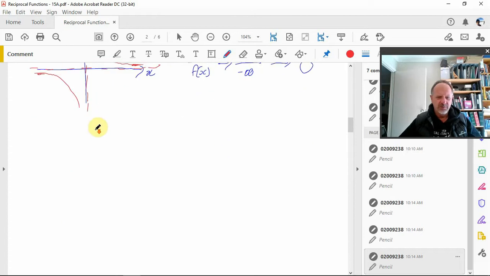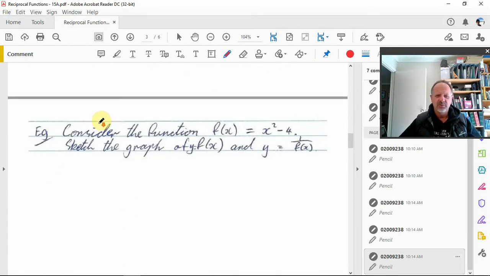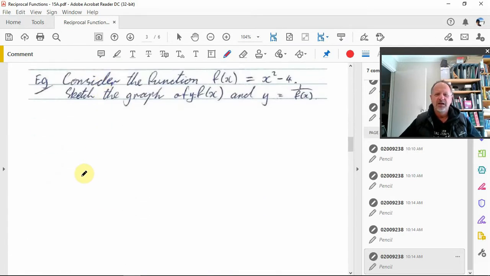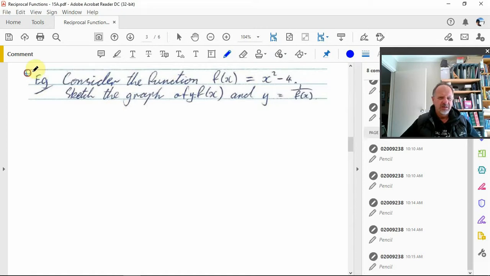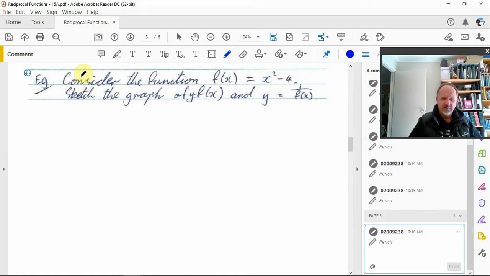All right, so what have we got for the next one? So here's another one here. Consider the function f(x) equals x squared minus 4 and sketch the graph of y equals f(x) and the reciprocal as well. Alrighty, let's then have a look at f(x).